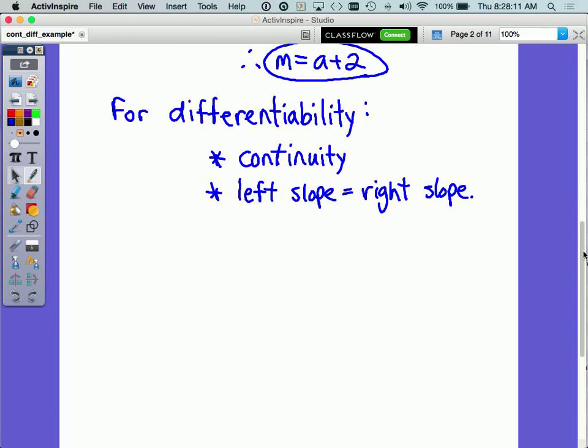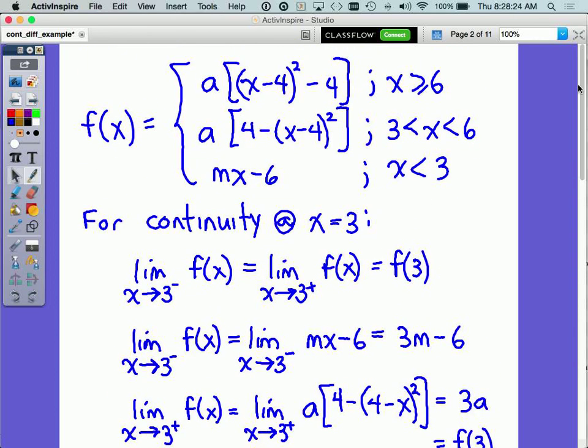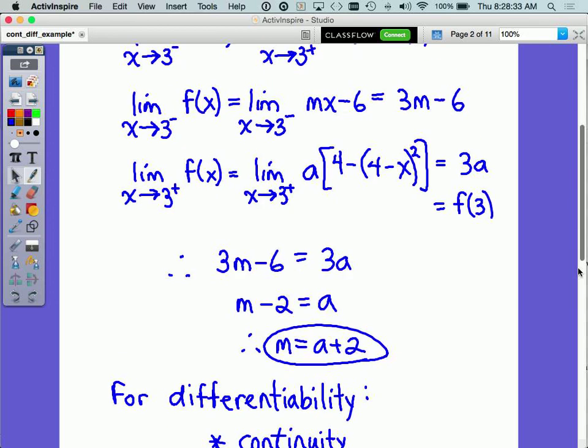I've already got the continuity, so I'm going to focus on left slope equals right slope. In order to do that, I need to know the derivative. And this is why we had to break that function apart earlier. Because in order to get the derivative, I couldn't take the derivative if I had the absolute values. But now, this is fairly straightforward to take the derivative of.